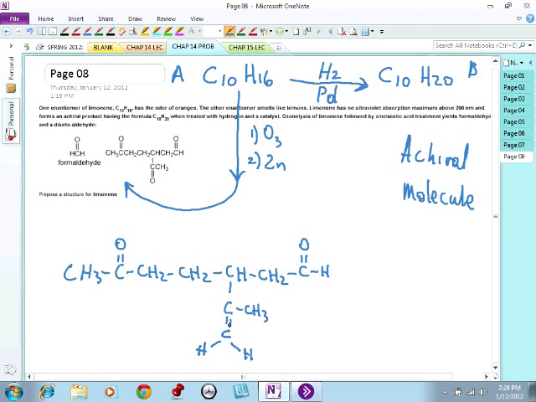Cleavage of this with ozone will give formaldehyde, and the rest of the molecule. So far so good. Now I have this carbonyl and this carbonyl. They must be from a double bond, right? So I take this off, then I join it together.